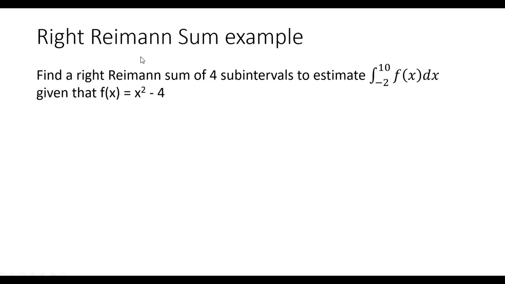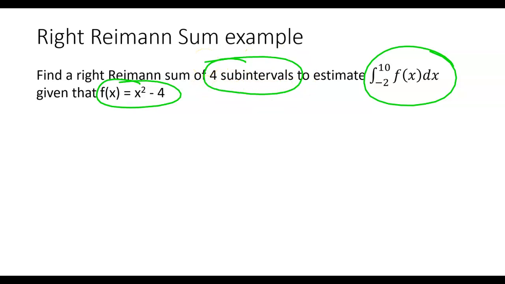So we're going to do an example of one of each of these things now. So let's begin. So I want to estimate this integral, given that my function is x squared minus 4. All right, now you want to pay attention to how many subintervals they want. So step 1 is you find your subintervals.